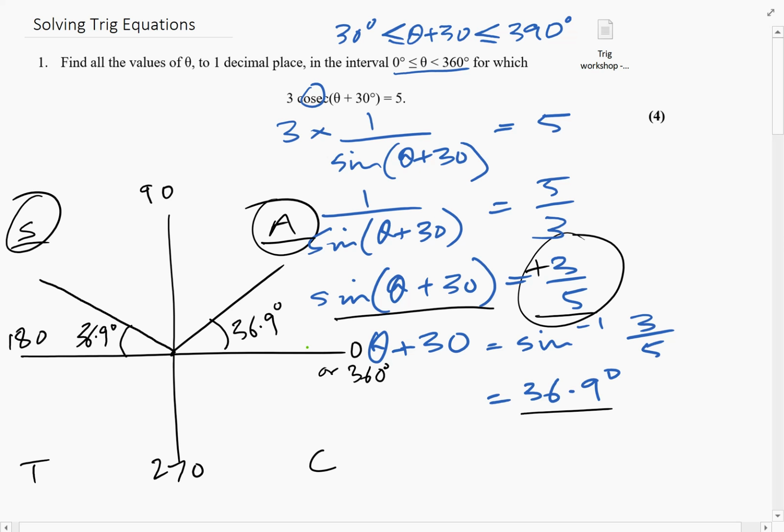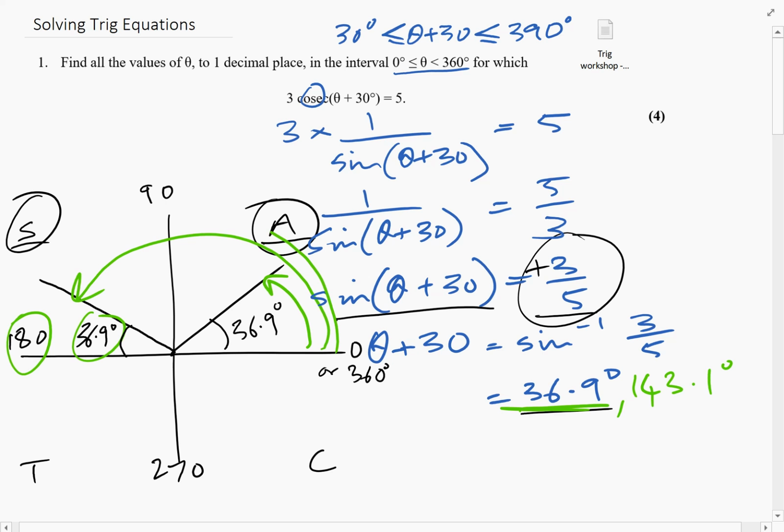Next, start at 0 and go round. Every time you hit a line, that will be a solution. So we've already got that one over here, 36.9. Let's start again and go round. So that solution there will be 180 minus 36.9, which would be 143.1 degrees.